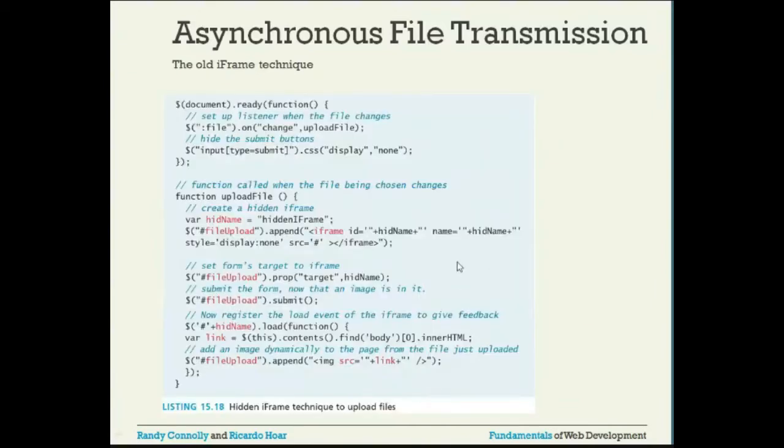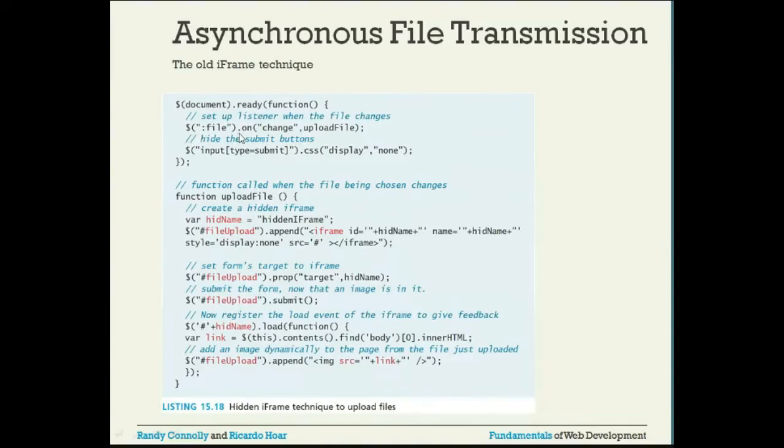This is the complete code using the iframe. Here is the $(document).ready function, where inside this event we are going to set up a listener. This is the listener setup: $, and inside the double quotes we have :file. On that file we are setting .on.